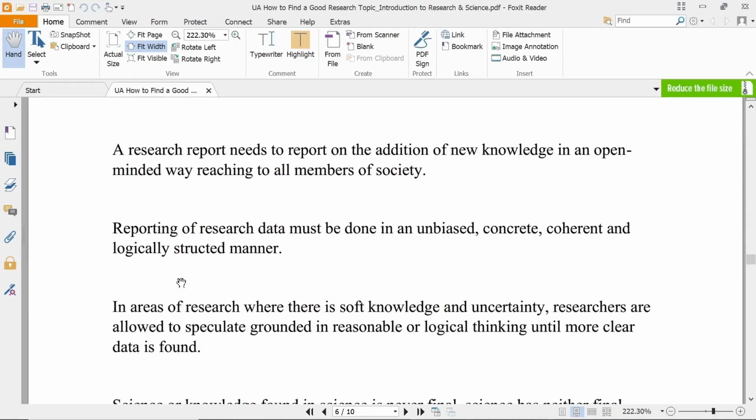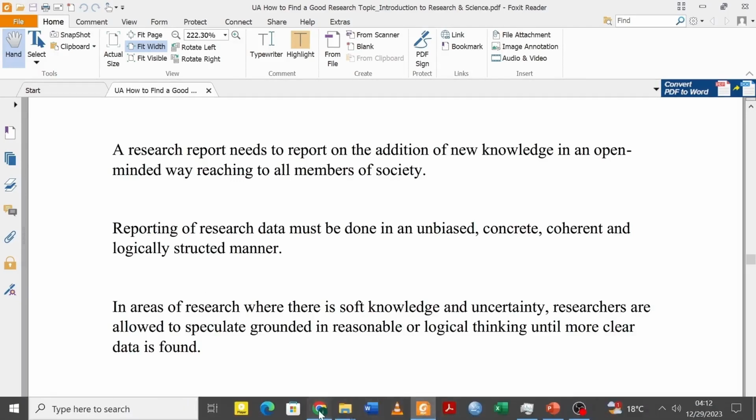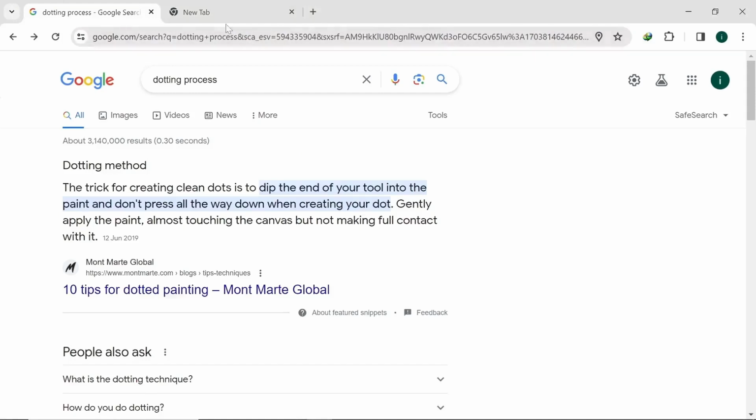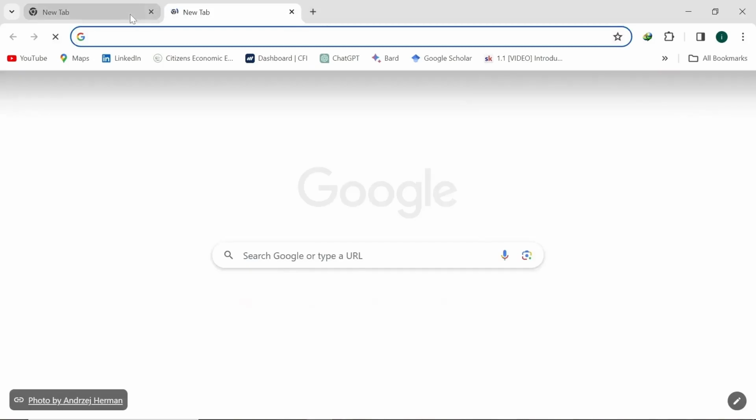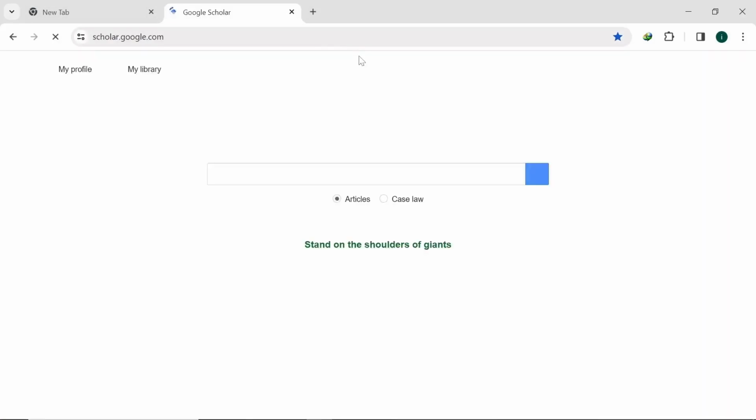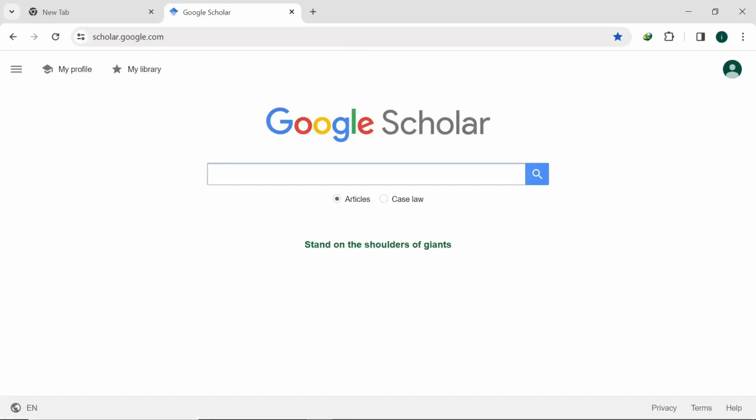A research report, whatever research report you are building, has to have a novel aspect, a new aspect. It has to bring out new knowledge. Usually in research we base our knowledge on what people have done. This is Google Scholar.